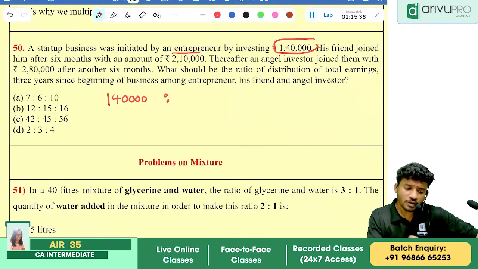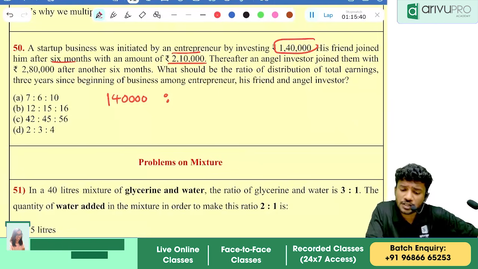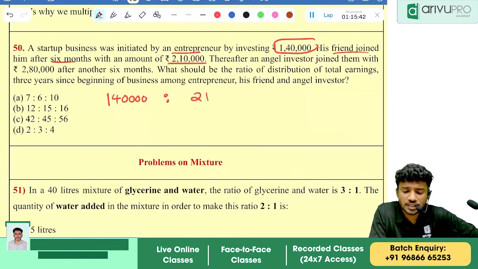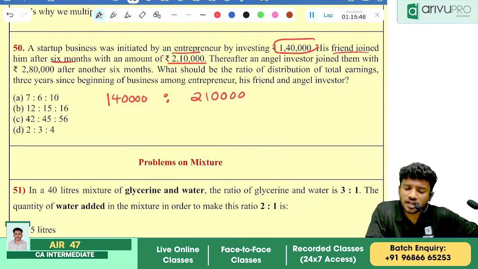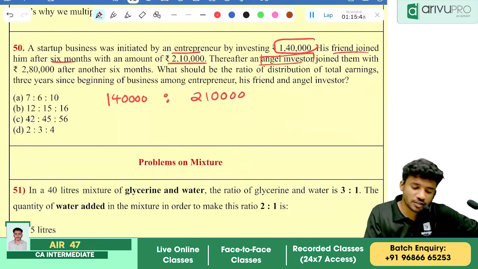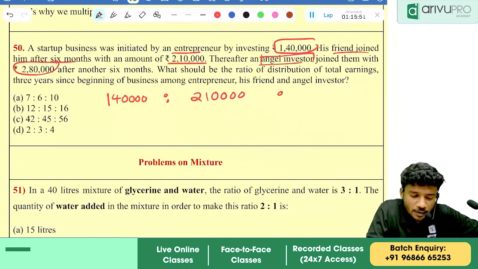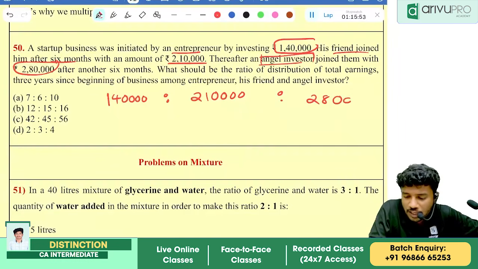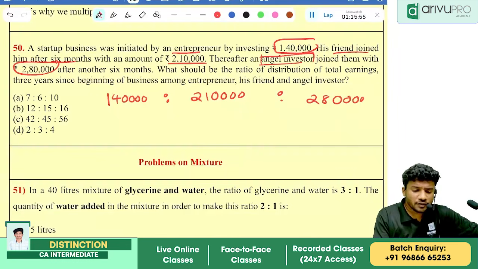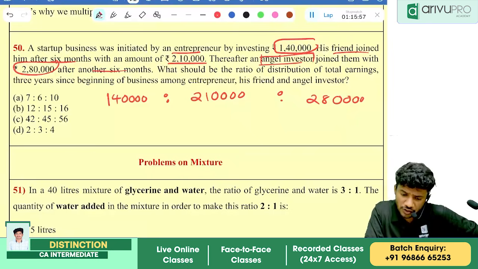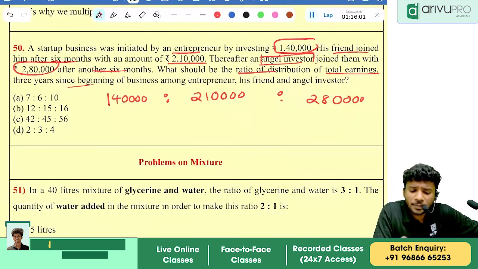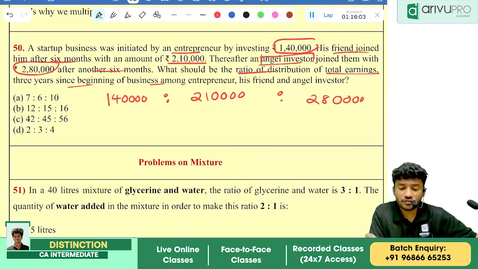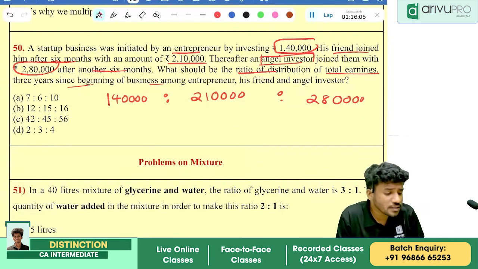Then after 6 months, my friend also joined with an investment of 2,10,000. Thereafter another angel investor joined with an investment of 2,80,000 after 6 months. We should know the ratio of distribution of total earnings since the beginning of the business.